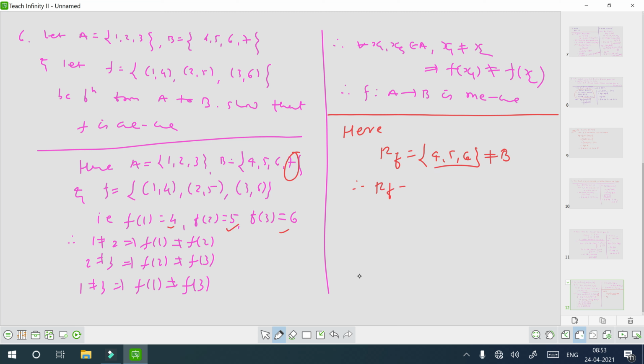And therefore range of f is not equal to codomain, and therefore f from A to B is not an onto function. Clear?